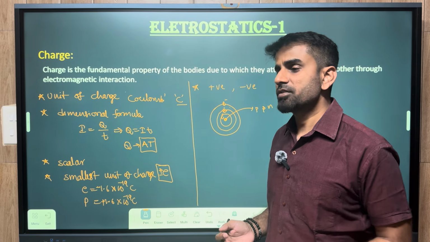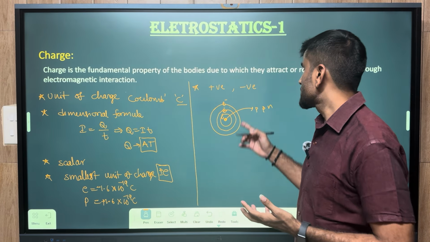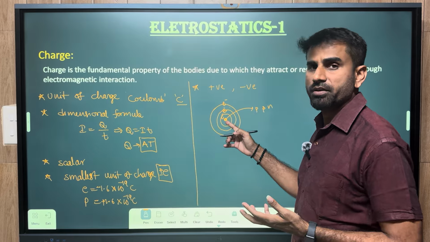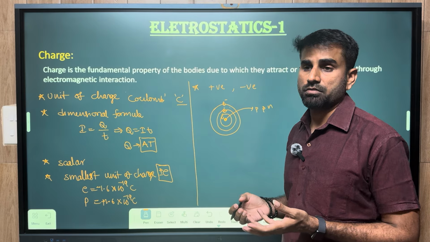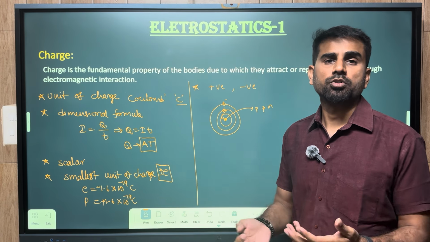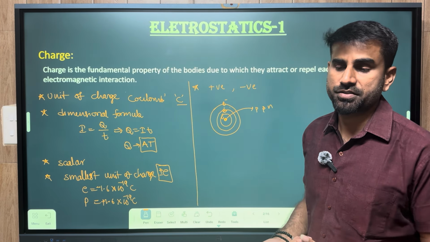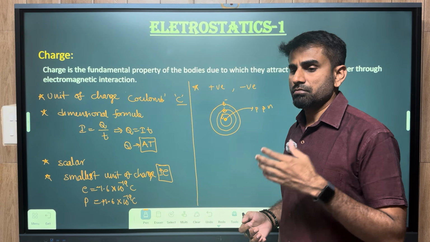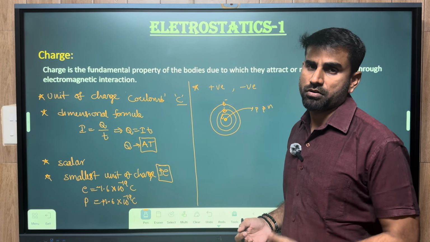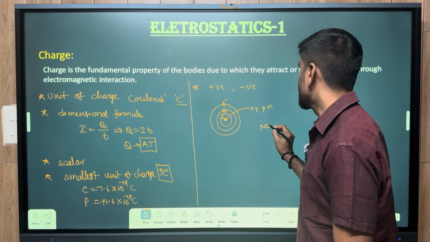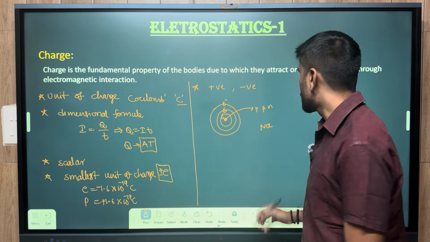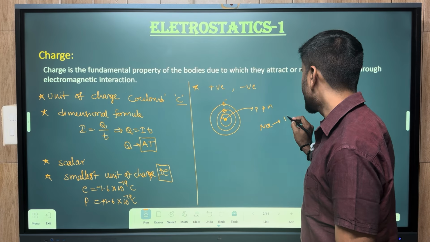This is because protons usually lie in the most stable part of an atom, which is called the nucleus, and in order to remove a proton, it requires so much energy, maybe nuclear reactions. Let's say I've taken sodium, whose atomic number is 11.